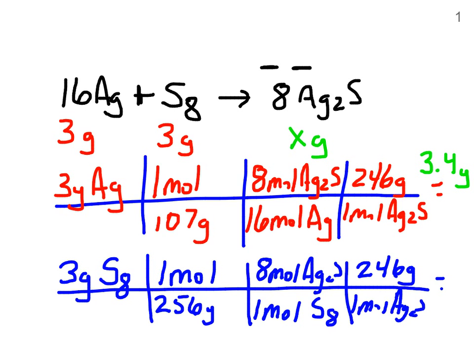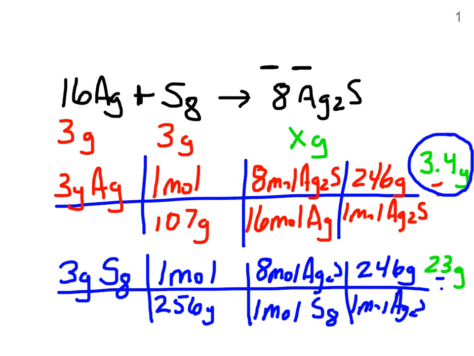Right? Now, check the other one. 3 divided by 256 times 8 times 246 gives 23 grams. All right? The one that is in the least amount, right there, is the correct answer.